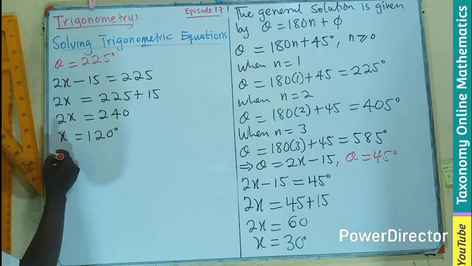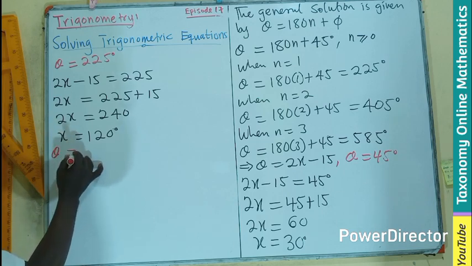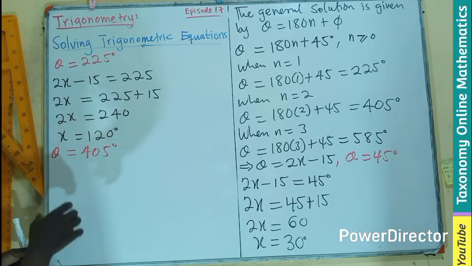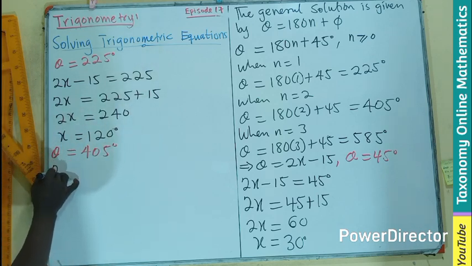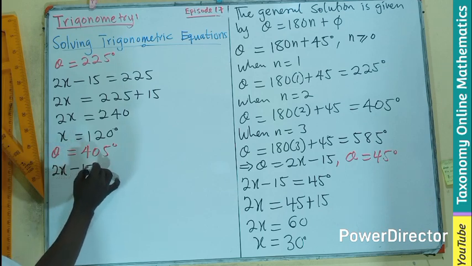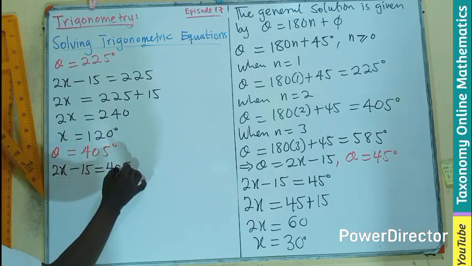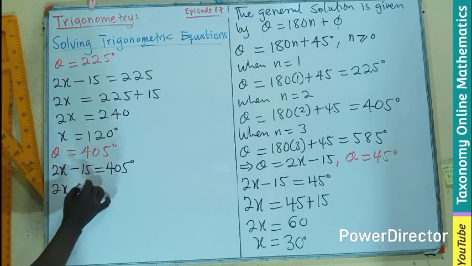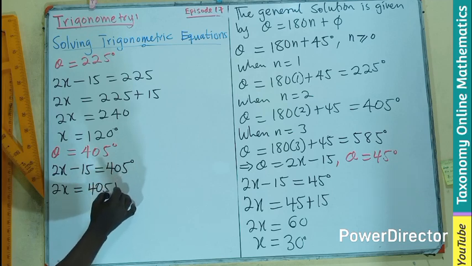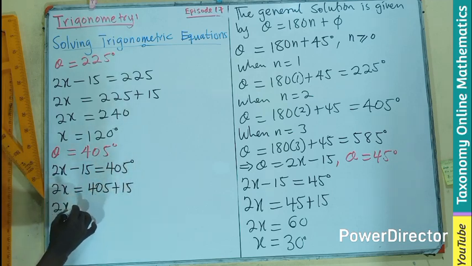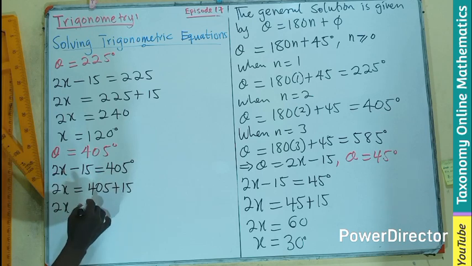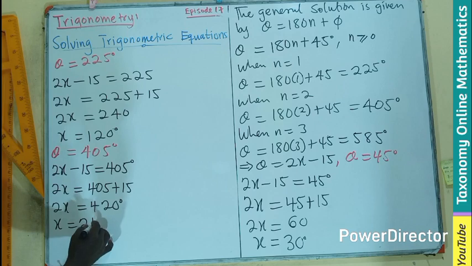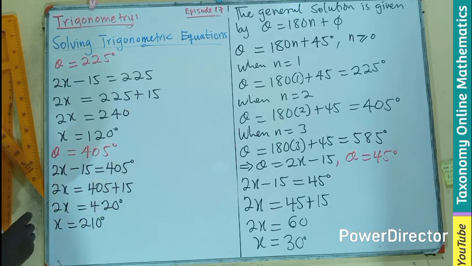So let's move on to when theta is now 405 degrees. It means that 2x minus 15 equals 405 degrees. This will give us 2x equals 405 plus 15, which is 420 degrees. So x is going to be 210 degrees.